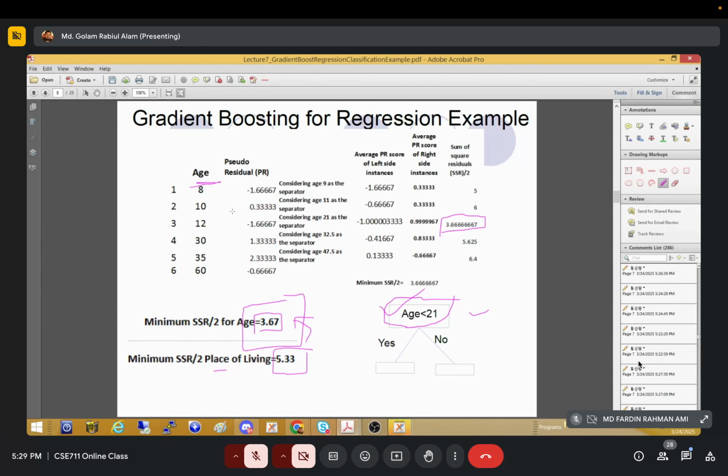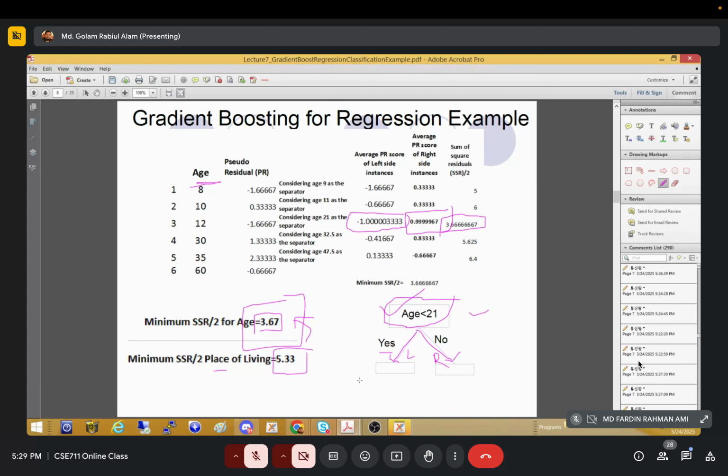If this is true, it is yes, and if this is false, it is no. We can see the left side instances prediction is negative 1.00003333, and for the right side the prediction is 0.99999.